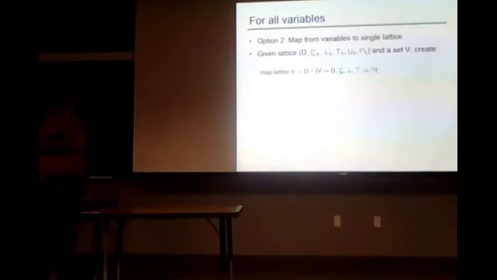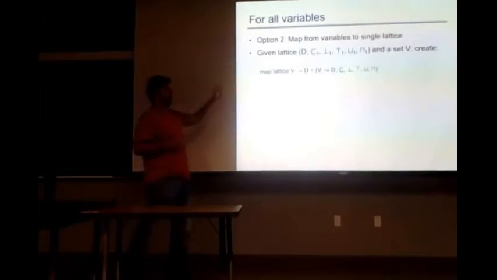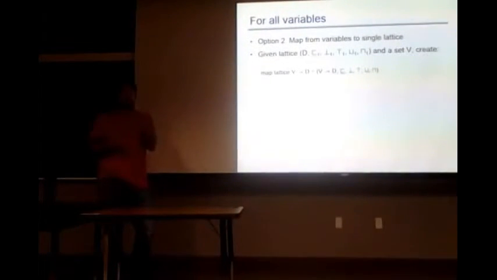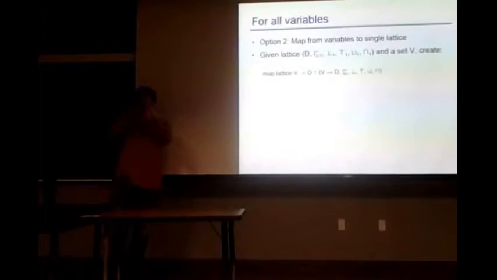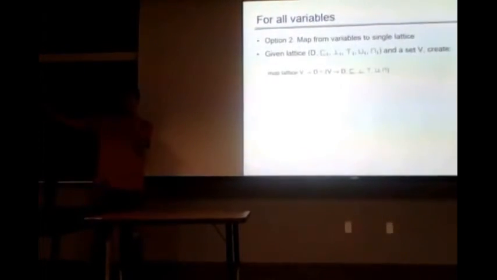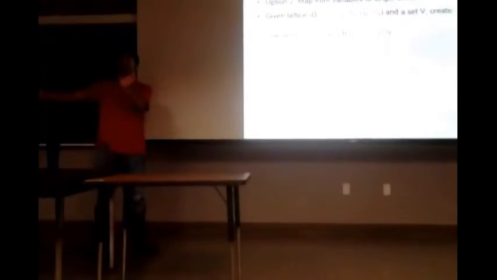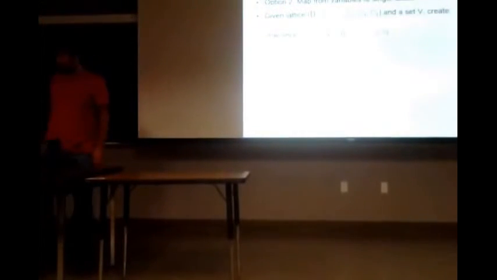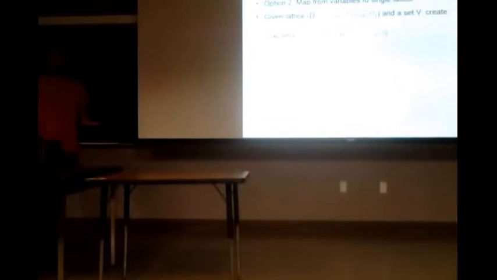But another way to do this is to create what's called a map lattice. So instead of computing, at every edge, a tuple of information, one for each variable, we're just going to compute a map from variable name to the information for that variable. And a map is just a function.